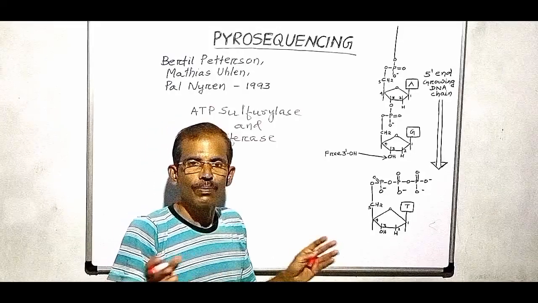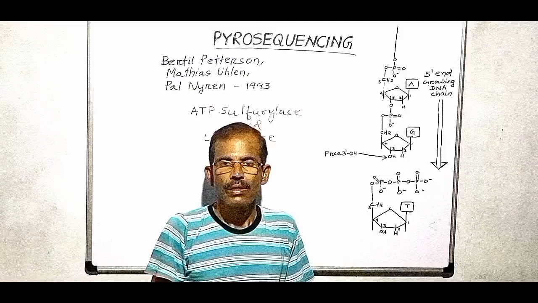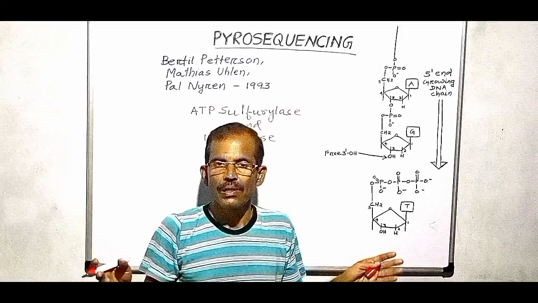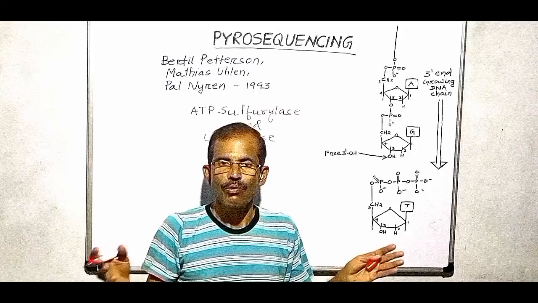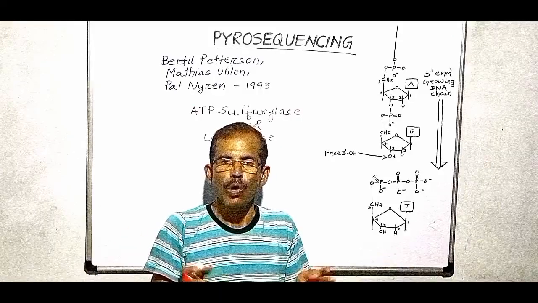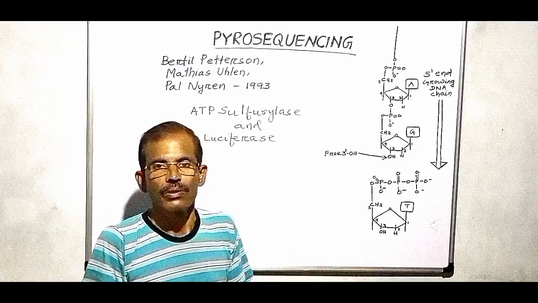The intensity of the signal is proportional to the number of bases that are added during DNA synthesis. By doing so, this method provides real-time and quantitative information about the DNA sequence.